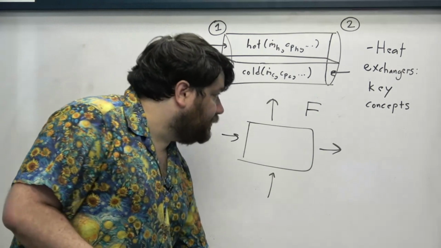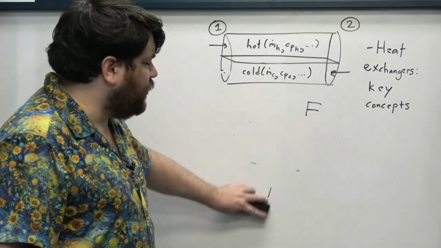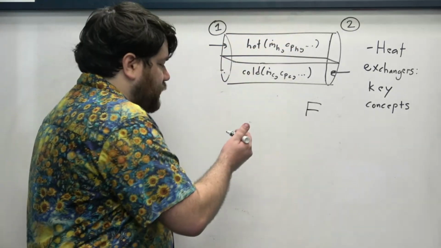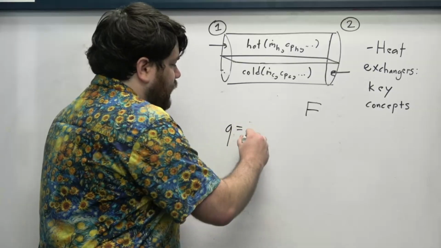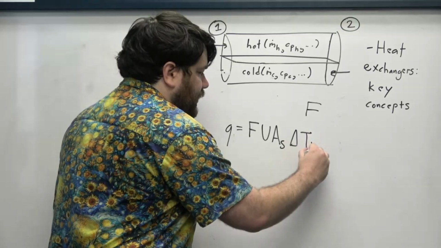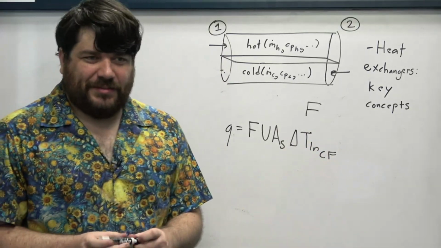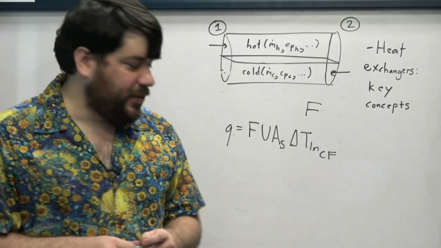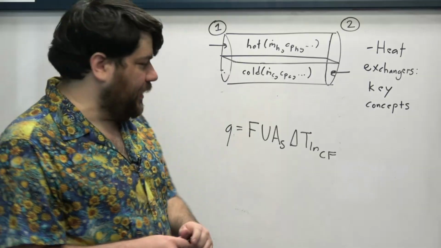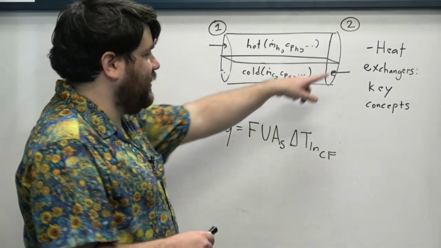And the idea is that for cross-flow heat exchangers and other heat exchangers where you can't really do this 1-2 dichotomy, you basically just say, well, Q is equal to F times U times AS times delta TLM counterflow. And so the whole notion is that you pretend like your complicated heat exchanger behaves like a counterflow heat exchanger. Okay, so you assume that it has kind of this geometry.